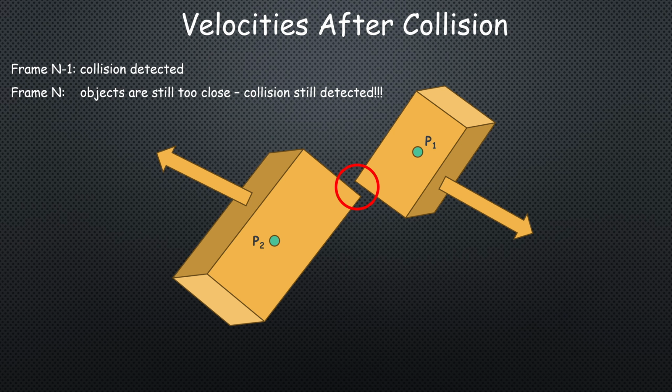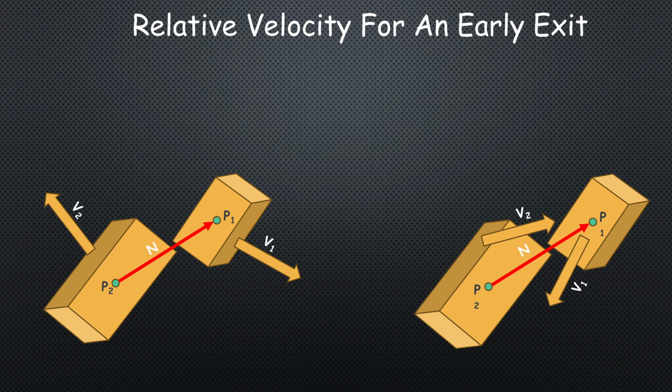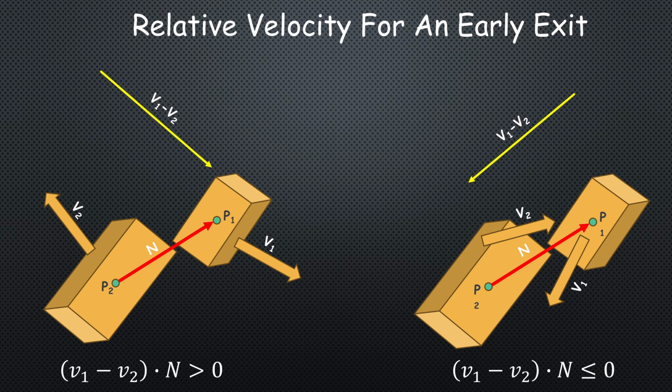You know, epsilons and numerical stability. We can calculate the relative velocity by subtracting the two velocities at the contact point and projecting the result on the normal vector using a dot product. If the result is positive, it means the objects are already moving apart.